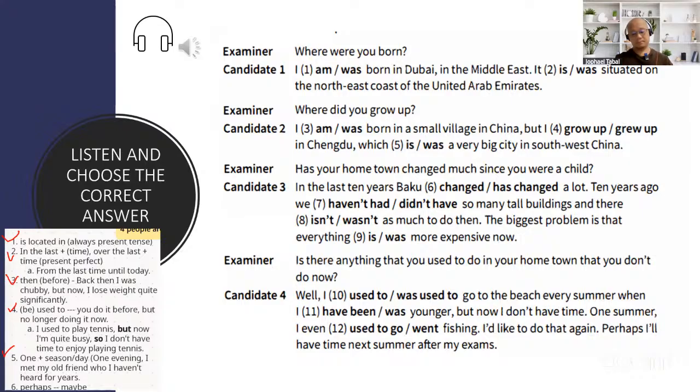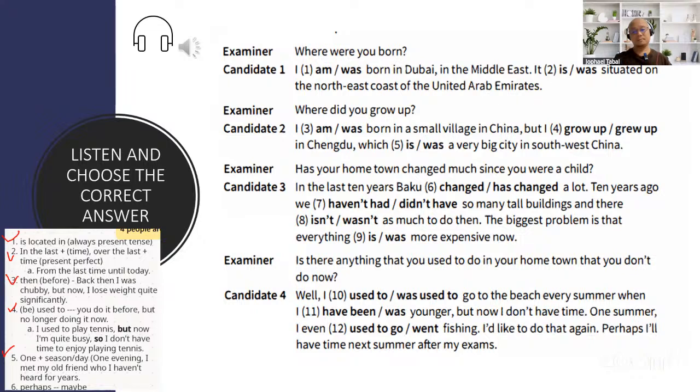Three. Has your hometown changed much since you were a child? In the last 10 years, Baku has changed a lot. 10 years ago, we didn't have so many tall buildings, and there wasn't as much to do then. The biggest problem is that everything is more expensive now.